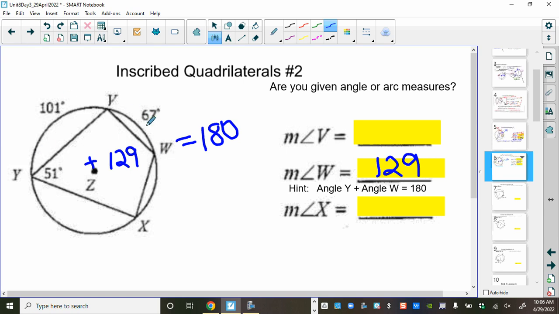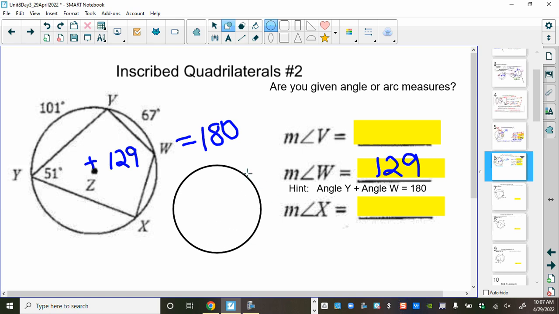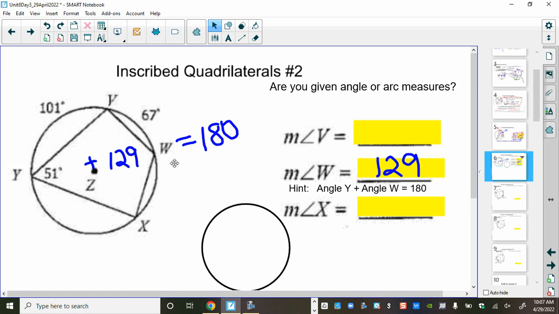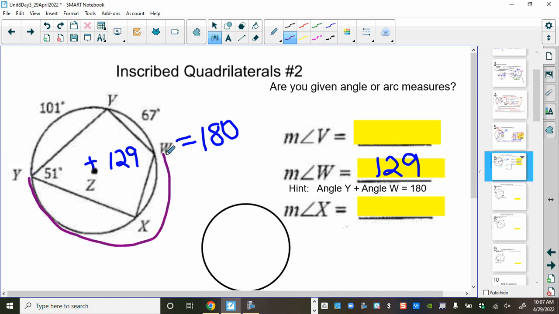That's two of our arcs. However, in order to get the entire circle, which is 360 degrees, we need to figure out the remaining arc measure that's missing. But it's missing from Y all the way to W.